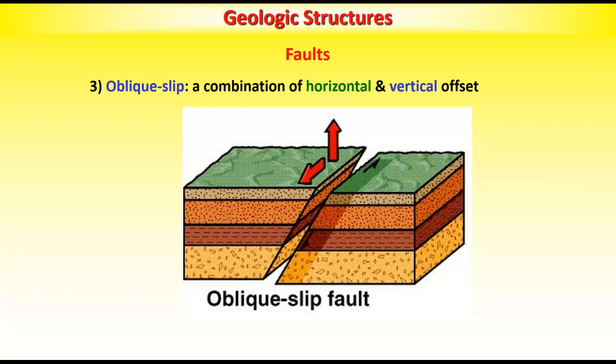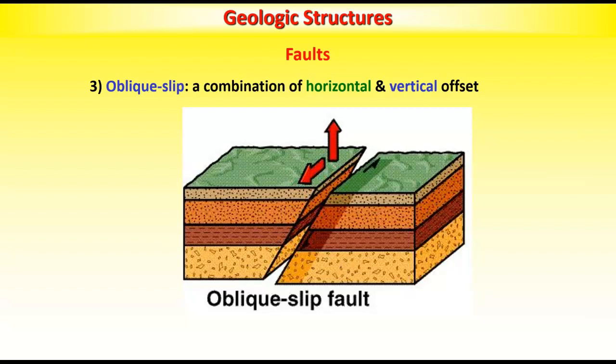But look, in a place where there's a lot of shear stress, we would get a strike slip fault. Does that mean there's absolutely no vertical motion? Probably not, but the majority of the motion is horizontal. So we would identify that as a strike slip fault.